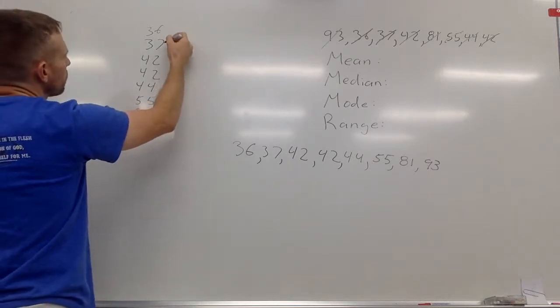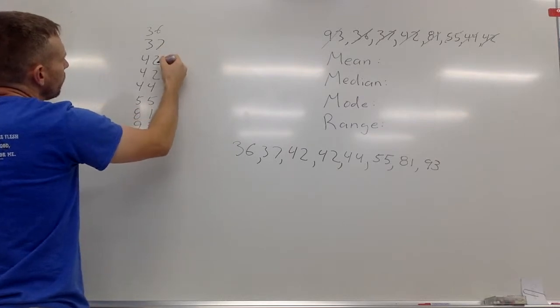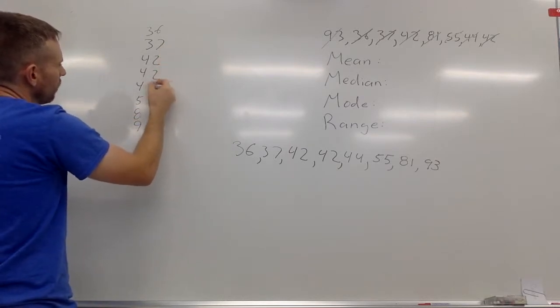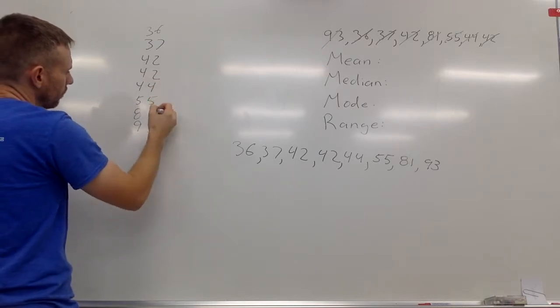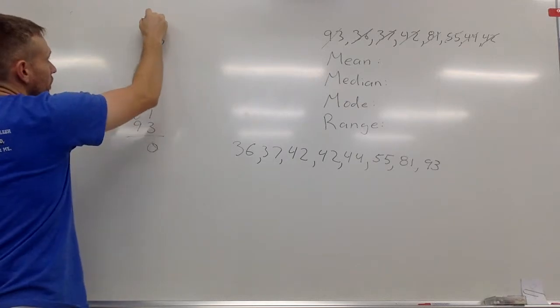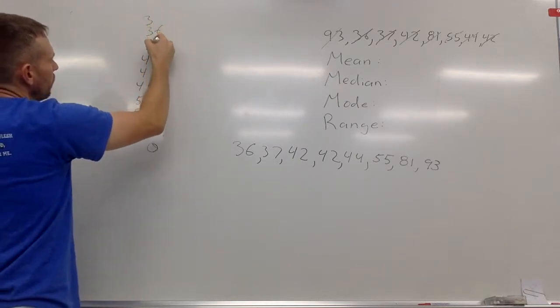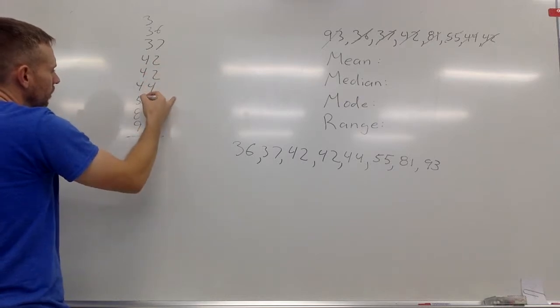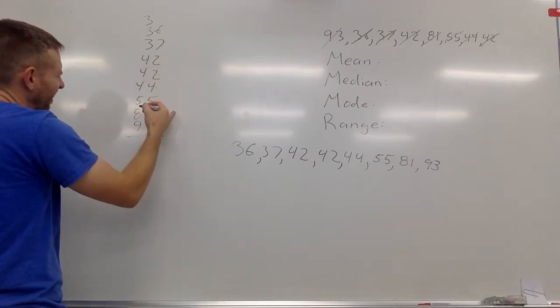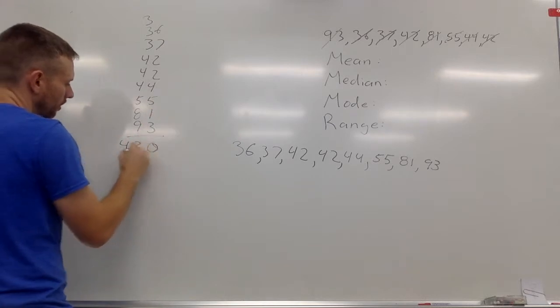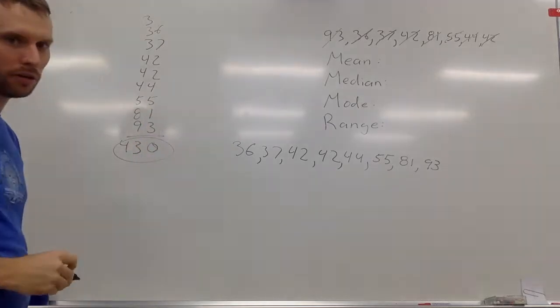Okay, 6 and 7 is 13, 15, 17, 21, 26, 27, 33, and so on, and the total comes to 430.